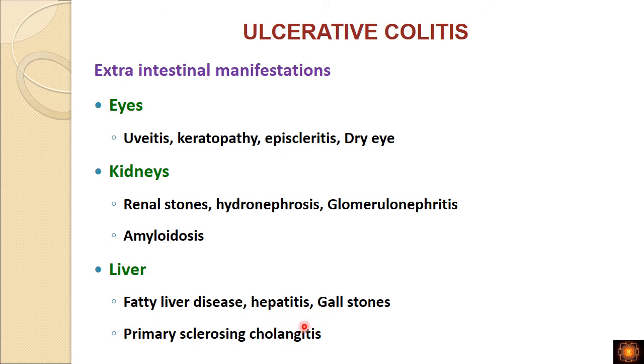So most of the extraintestinal manifestations are because of immune mediated reactions going on in other organs, or because of the treatment given to the condition. Once you stop the treatment, the conditions which are because of these drugs will revert back. Okay, so these are the extraintestinal manifestations.